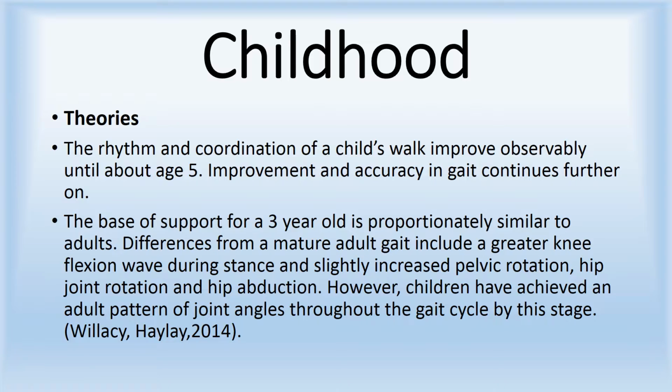Differences from a mature and adult gait include greater knee flexion, weight during stance, and slightly increased pelvic rotation, hip joint rotation, and hip abduction. However, children have achieved an adult pattern of joint angles throughout the gait cycle by this stage.